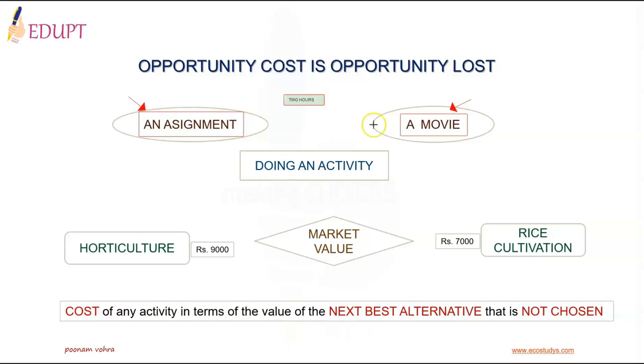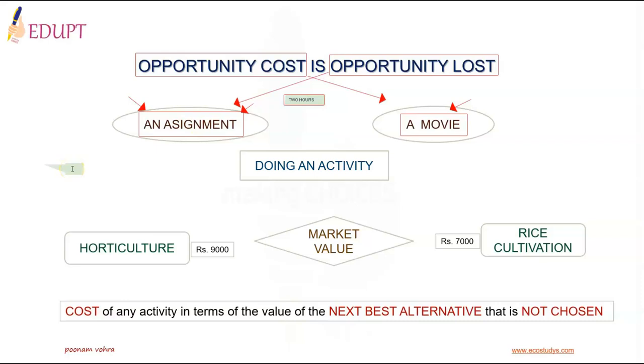So if he decides to watch a movie, he has to sacrifice doing the assignment. In economics, this is termed as opportunity cost. So, the opportunity cost of watching a movie is the opportunity lost of doing the assignment.